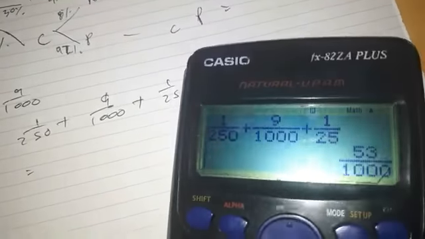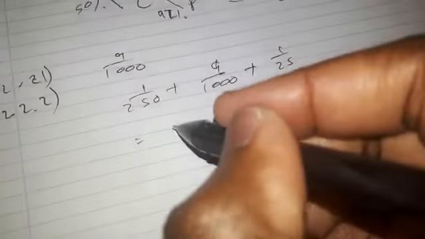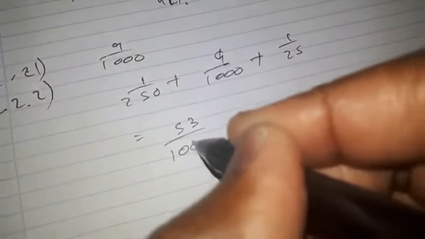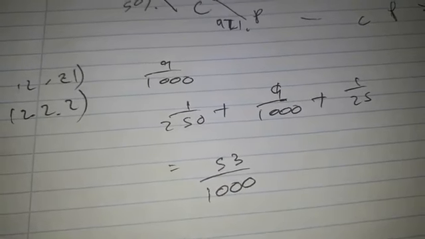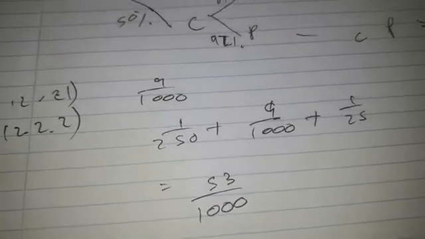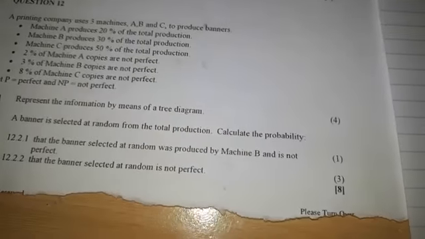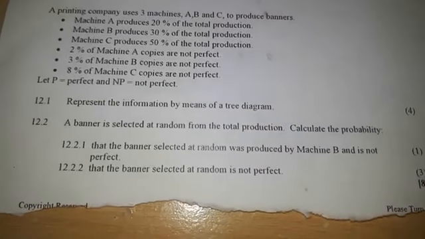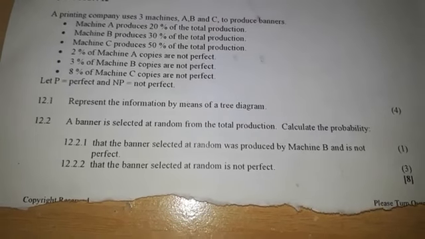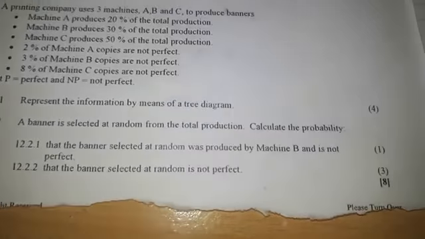This is going to give you 53 over 1000. You can just leave that as a percentage, or a decimal. I just leave it as a fraction and I move on because I ain't got no time to waste. So that's actually for question 12. There's really not much to it. It was simple, straightforward. You get your answers and you run, you know.